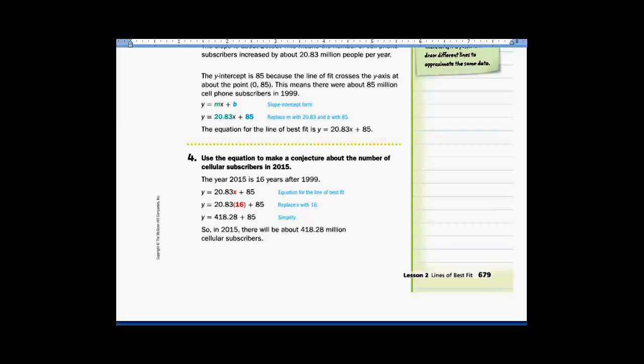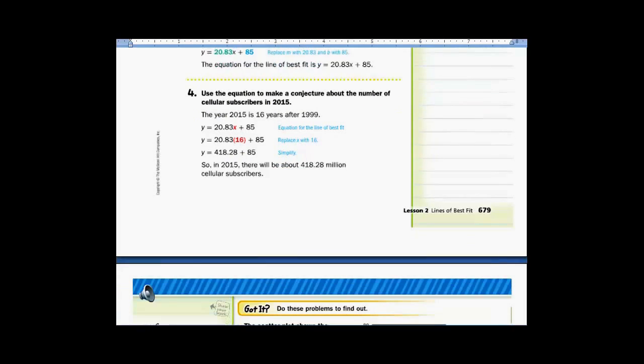So 2015 is 16 years after 1999. Make sure that you're not putting a 15 in there, because the graph talked about years since 1999. So it would be 16 years. You substitute in a 16 for your x, multiply it out. So in 2015, there will be about 418.28 million cellular subscribers.